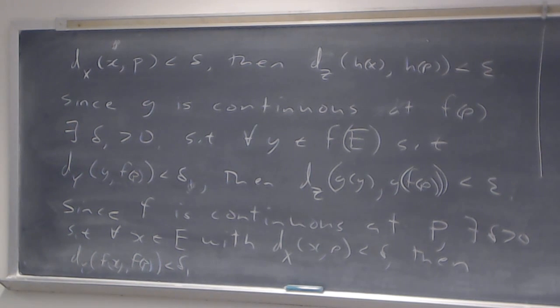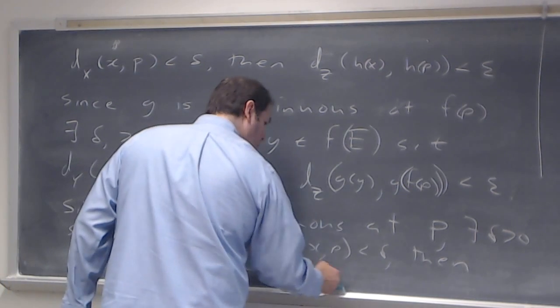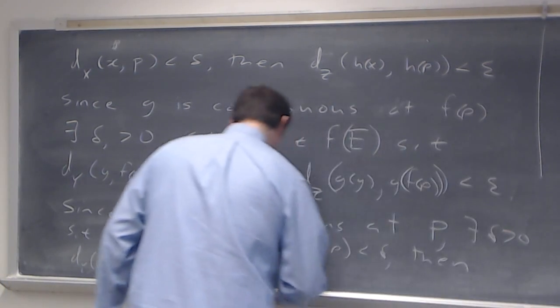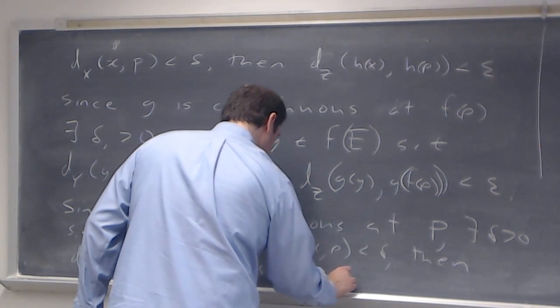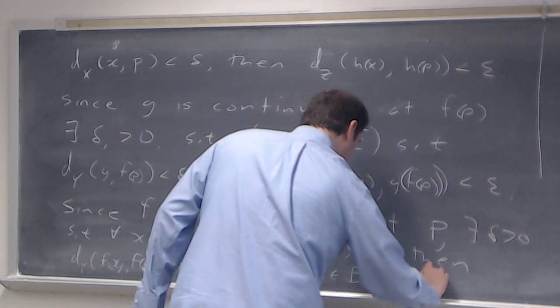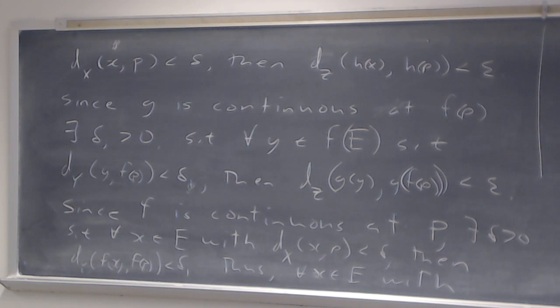Okay? That's what we have. Okay, so here, what we have then, thus for all x with the distance between x and P being less than delta. Let's write that down.